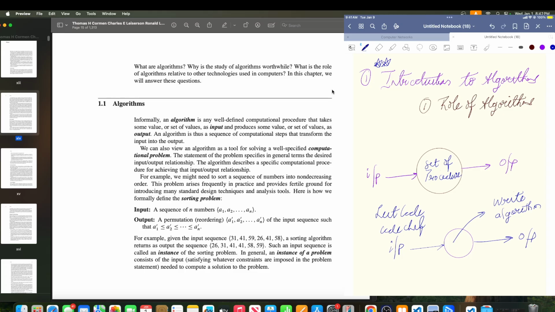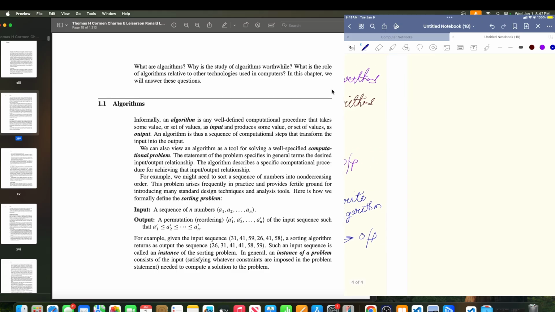For example, we might need to sort a sequence of numbers into non-decreasing order. The problem arises frequently in practice and provides fertile ground for introducing many standard design techniques and analysis tools. This is how we formally define the sorting problem. The input is a sequence of numbers A1 to AN.